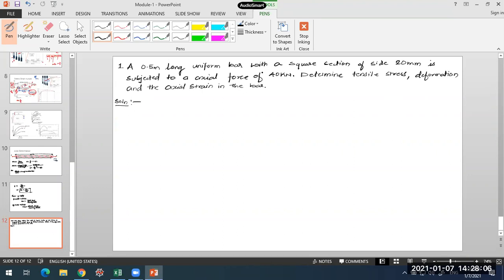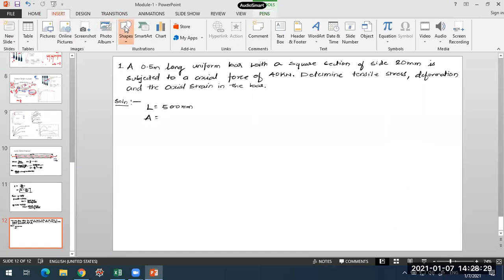This will be a very basic problem based on the concepts of stress and strain. First, the length of the bar is given as 500 mm, that is 0.5 meter. The cross-sectional area is a square shape, with size 20 mm by 20 mm.